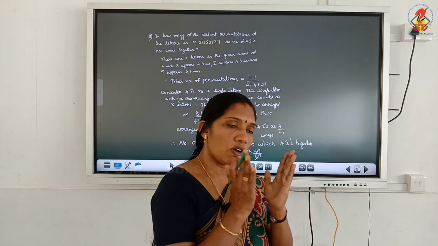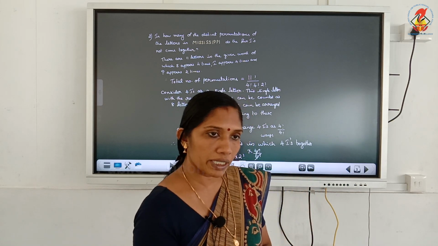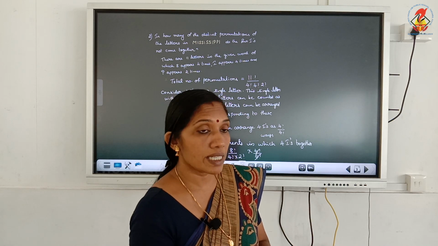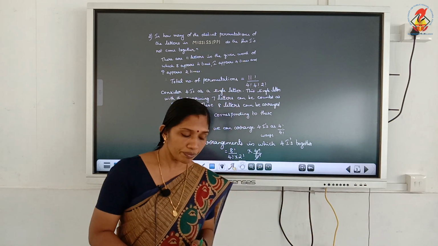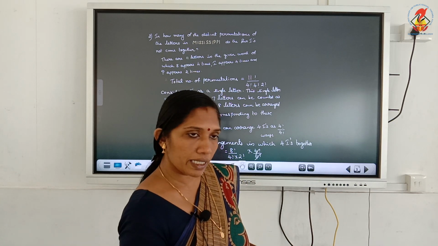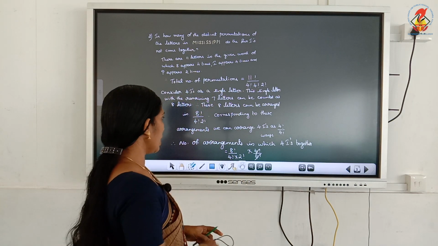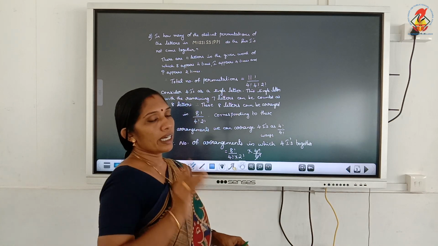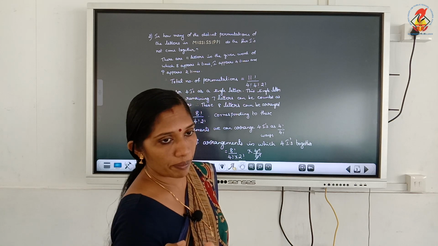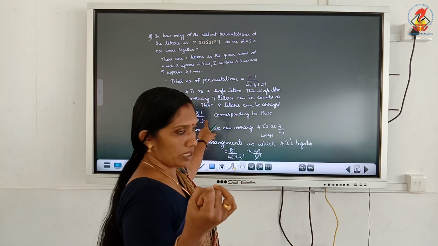Now we consider all the 4 i's as together as a single letter. So this single letter with the remaining 7 letters count as, there will be 8 letters. These 8 letters we can arrange in 8 factorial ways, and in that 8 letters there are 4s and 2p, that in the denominator.